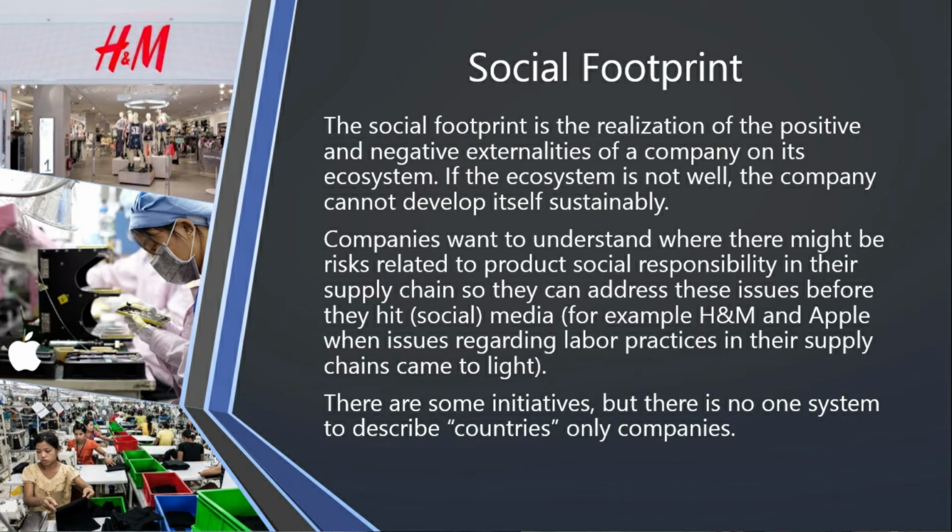Here I included certain images from H&M and Apple because they were related to certain labor issues in the past, and these practices were very disadvantageous for them. So this is what social footprint is about: to measure the impact of a company regarding their human resources.